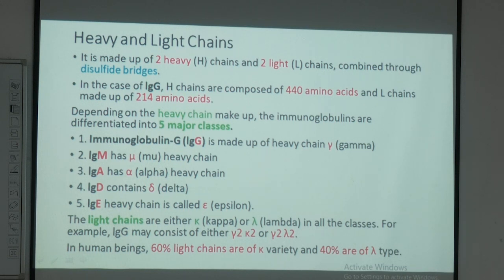And we have to remember that in any class there can be only kappa or lambda. So if it is IgG, it can only be gamma 2 kappa 2 or gamma 2 lambda 2. It cannot be 1 gamma or 1 kappa.